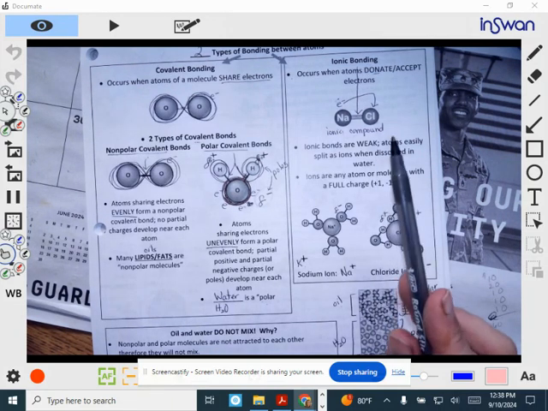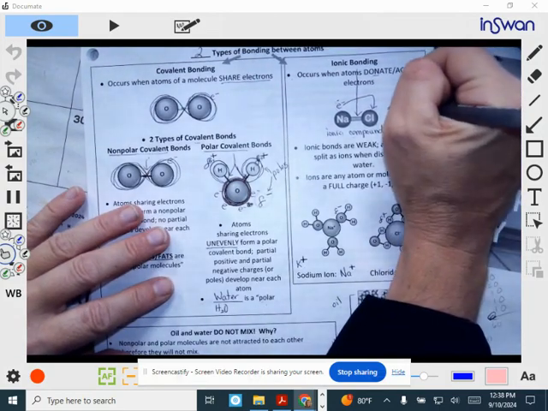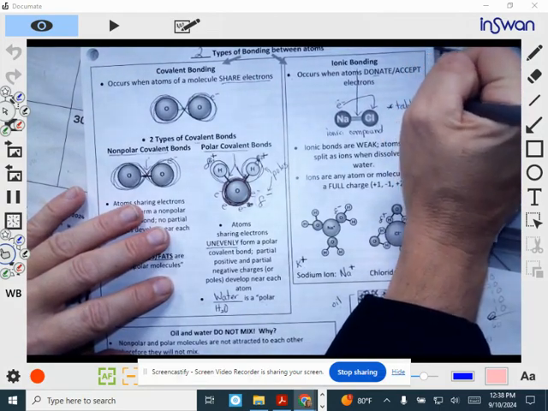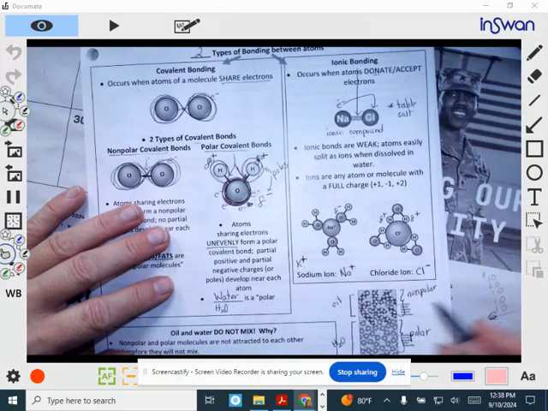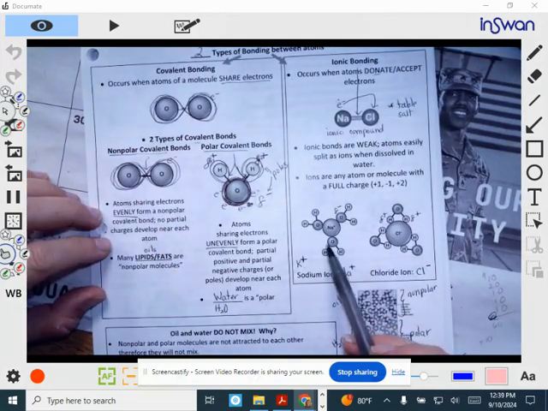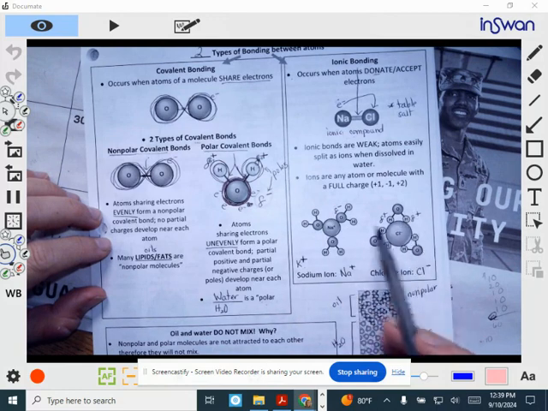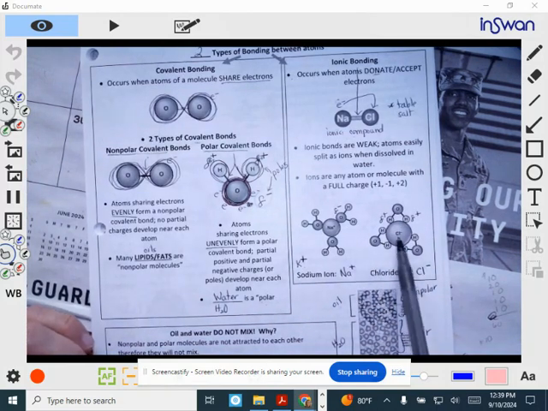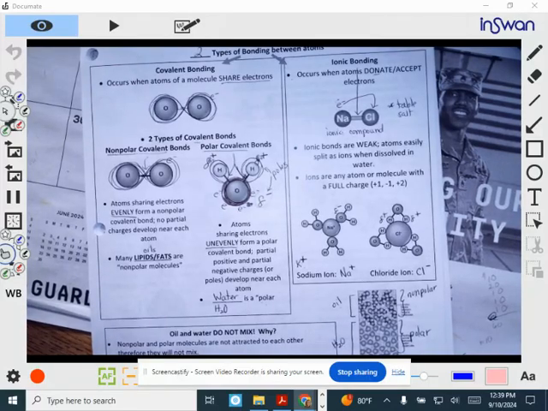So if you add NaCl, that is table salt, to water, it dissolves or disappears, and that's because it breaks apart and becomes surrounded by these water molecules, and they keep these two ions separate so they don't reform back into that salt compound.